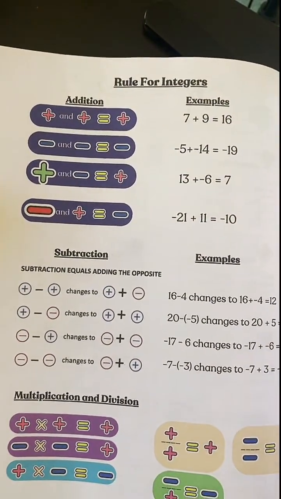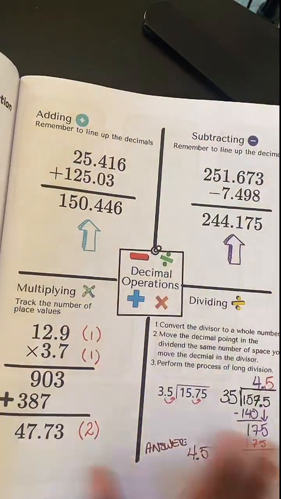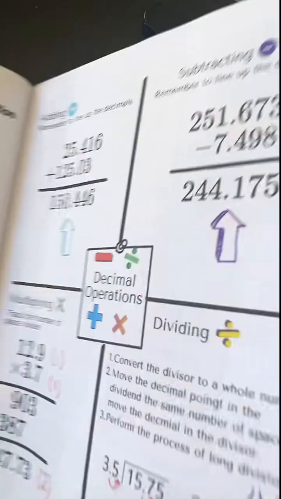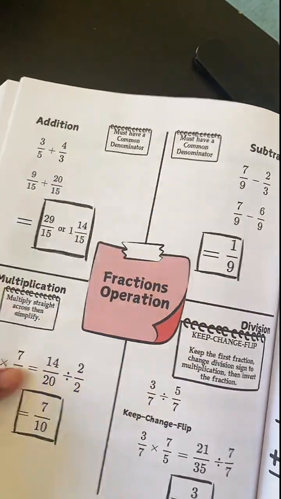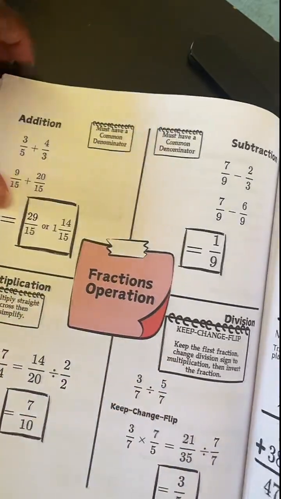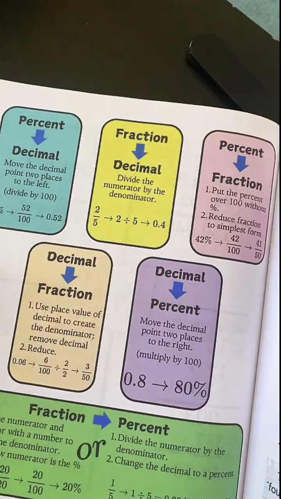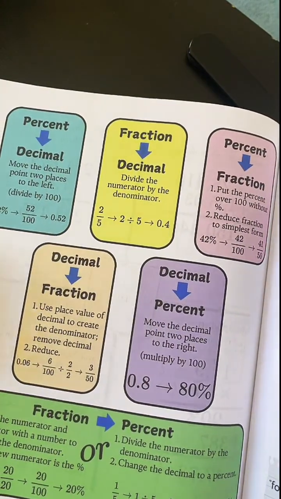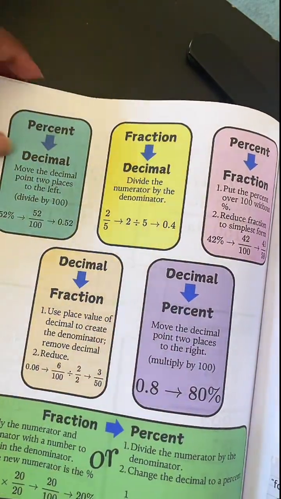If you're stuck with the rules of integers, we have them here as a reminder, along with the order of operations, and decimal and fraction operations for addition, subtraction, multiplication, and division. If you need to do any conversion, this is definitely for my people, converting for the percent. You also do that for the GED and the ASVAB.